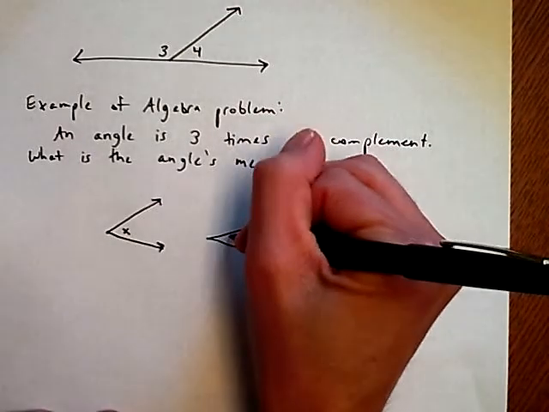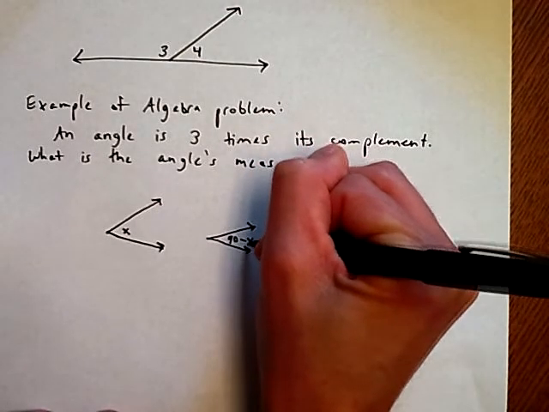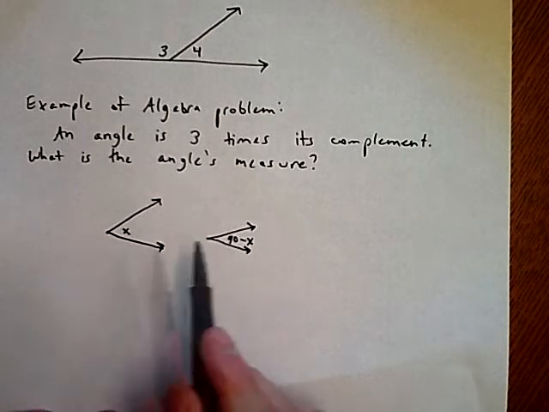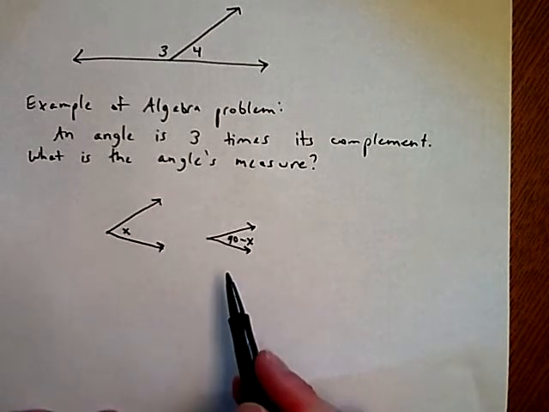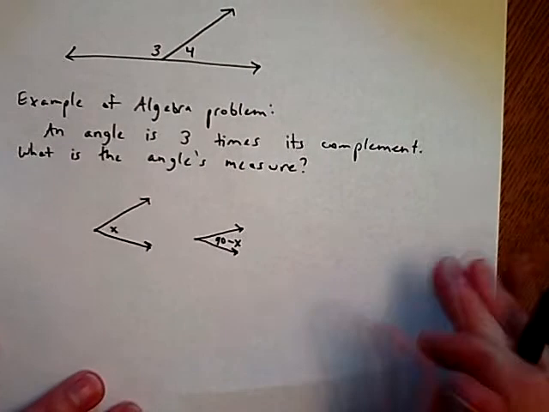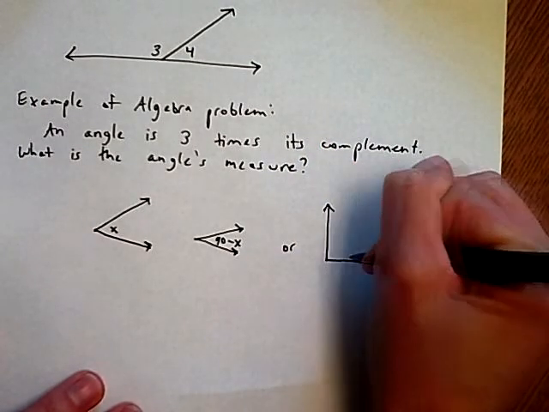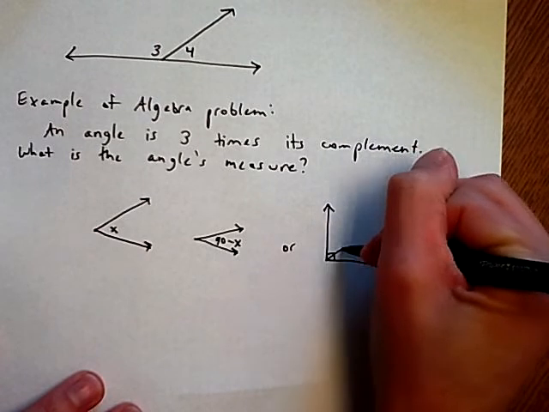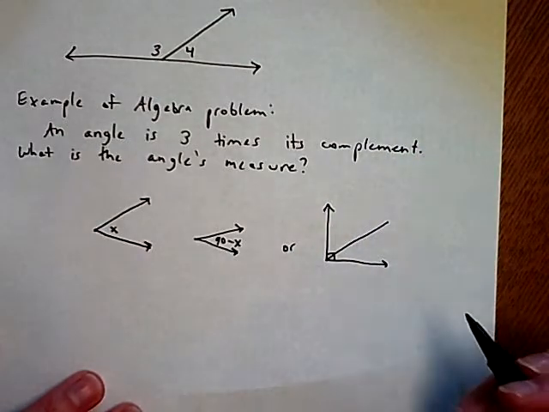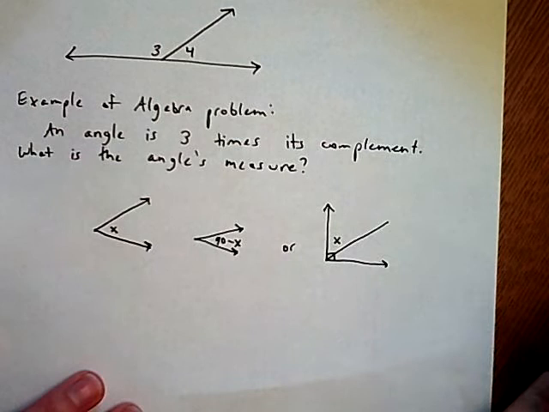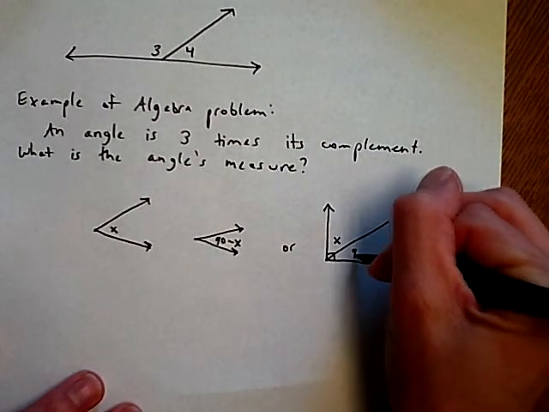So this one has to be 90 minus x, right? Because then if I added them together, I would get 90. Another way to think about that is to start off with the 90-degree angle and say, okay, I know the two angles are complements. This one is x, so this one must be 90 minus x.